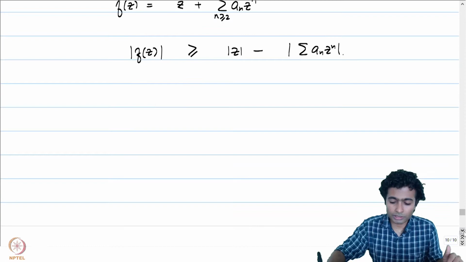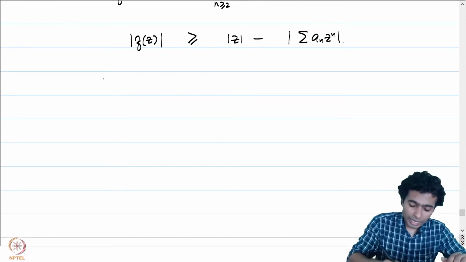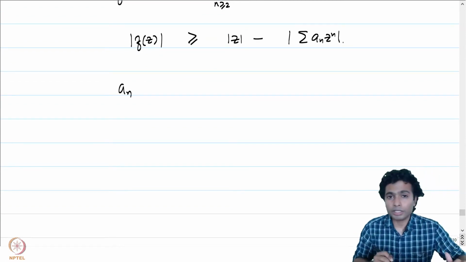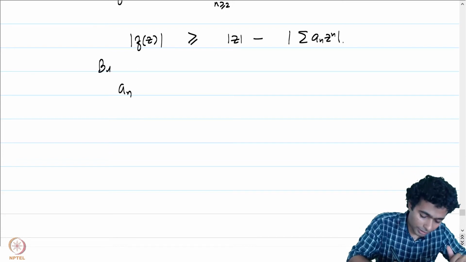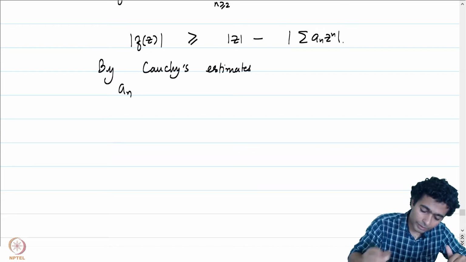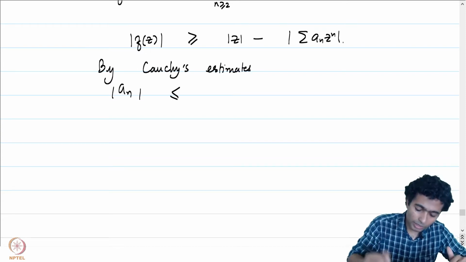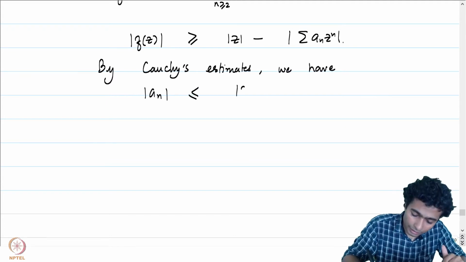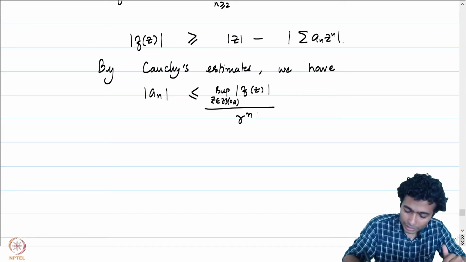Let's focus on the second term. If you look at a_n, what is a_n? By the Cauchy estimates, we can say something about a_n. Cauchy's estimates tell us that the absolute value of a_n is bounded by the supremum of f of z over z in the boundary of the disk of radius r, divided by r to the power n.